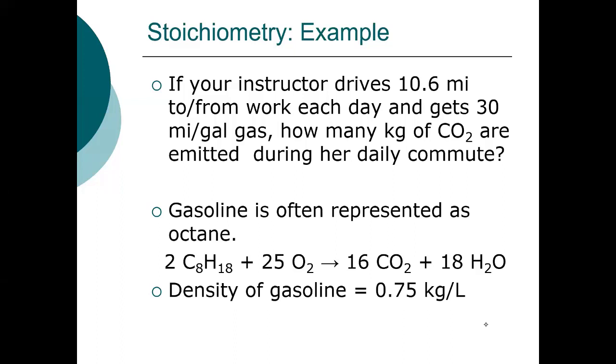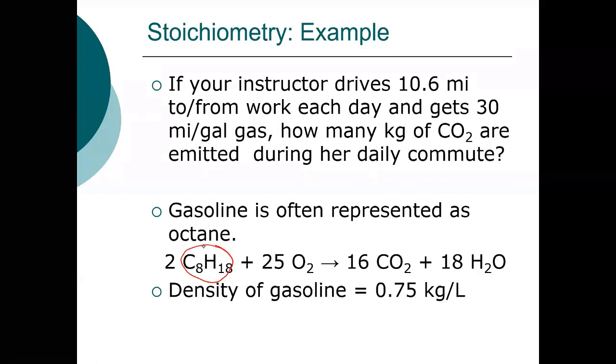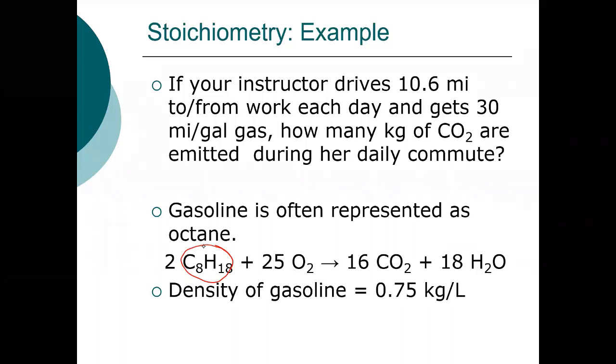We're going to represent gasoline as octane. So this is octane. We've just written the balanced equation. In this case, I've multiplied the entire equation by 2 so that I don't have any fractional amounts. And the density of gasoline is about 0.75 kilograms per liter.